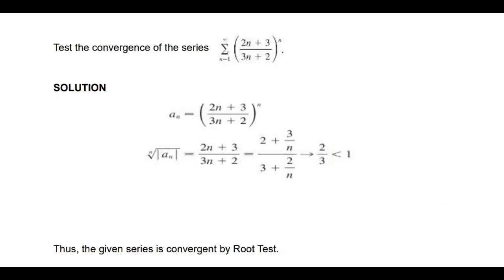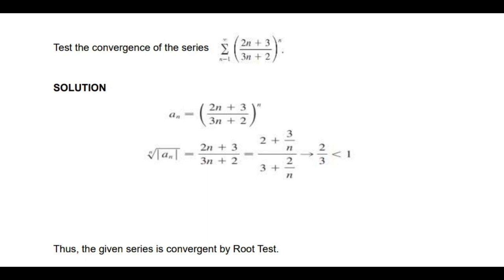That's the consideration we need to keep in mind. Now for our root test example, test the convergence of the series summation of 2n plus 3 over 3n plus 2, raised to n, as n equals 1. For our solution using the root test, we set a sub n equal to its original given, which is 2n plus 3 over 3n plus 2, raised to n.